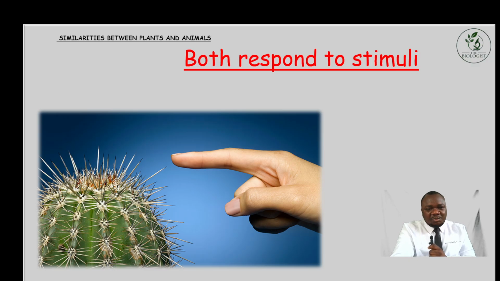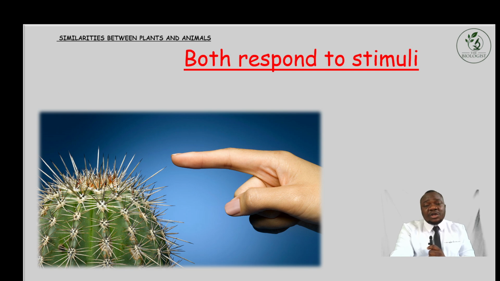Once a person places a hand on this fruit, the person will withdraw the hand from it. Why? Because the fruit has sharp thorns. This is a defensive mechanism that this fruit uses to protect itself from other animals that feed on it. When they get to the fruit, the edges and the thorns will pierce the predator or the animal that wants to feed on it, maybe like birds, for example.